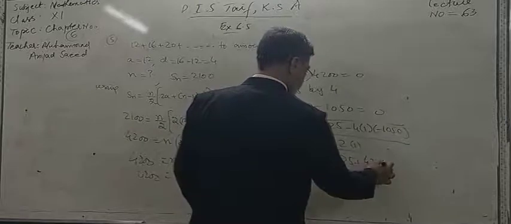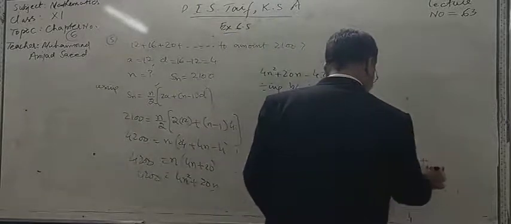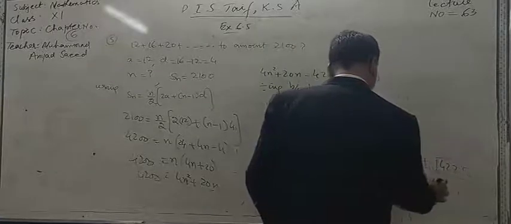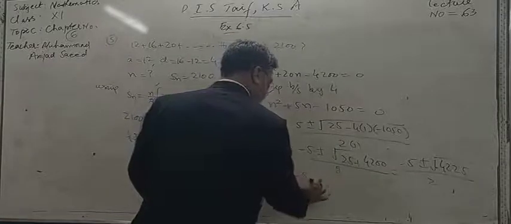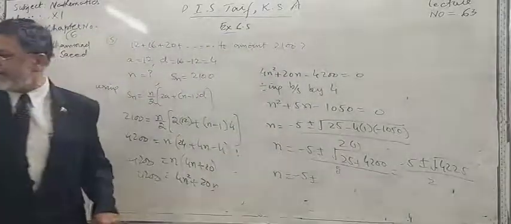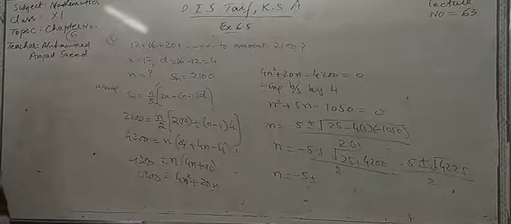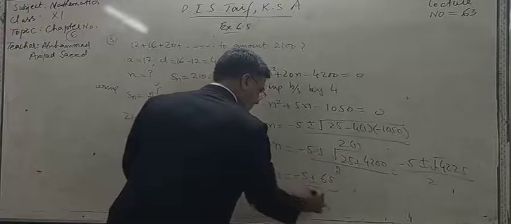Yes, that will be minus 5 plus minus square root of 4225 over 2. So n is equal to minus 5 plus minus, the square root of 4225 is 65. Yes, it will be 65 over 2.